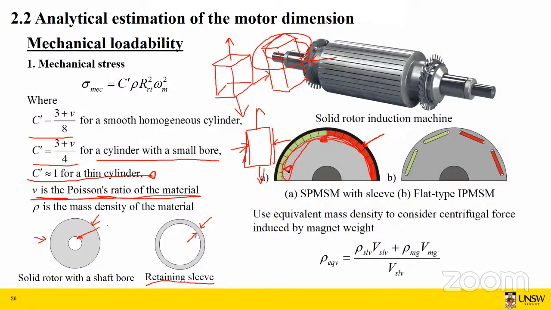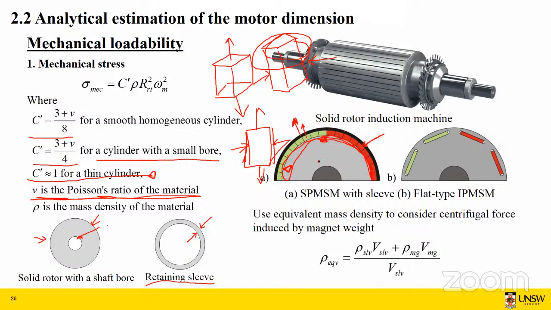So in mechanical analysis, at the initial stage, we'll consider all magnets not glued to the rotor. That means the centrifugal force acting on each of the magnets will eventually act on the sleeve. So the sleeve needs to handle the centrifugal force of itself and also the magnets.